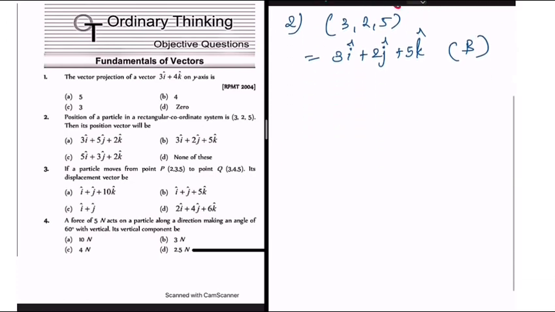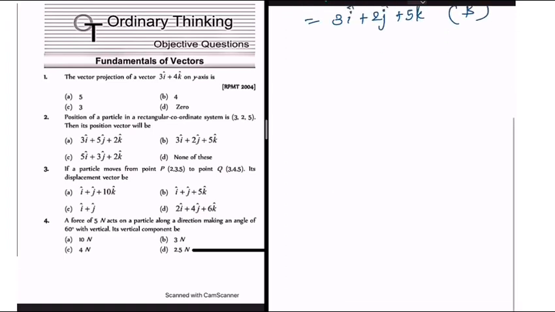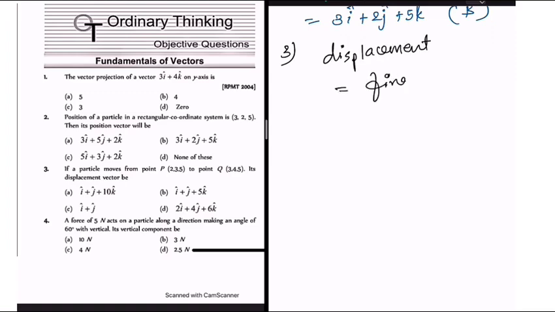Now next, third. If a particle moves from point P to Q, its displacement vector will be. See, you must understand this. Displacement is equal to final position minus initial position.